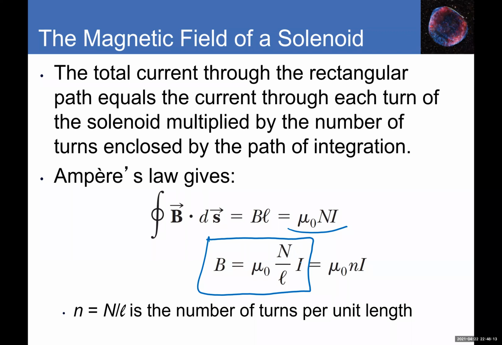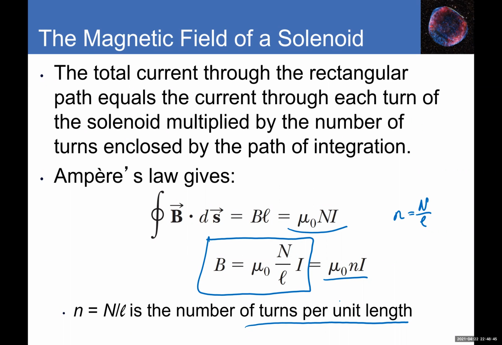Okay. That means magnetic field is proportional to the number of turns and current, and inversely proportional to the length. But one thing we do here is represent N over L, the number of turns per length. So we replace our equation with lowercase n, which is the number of turns per length, rather than capital N, which is the number of turns, divided by length.